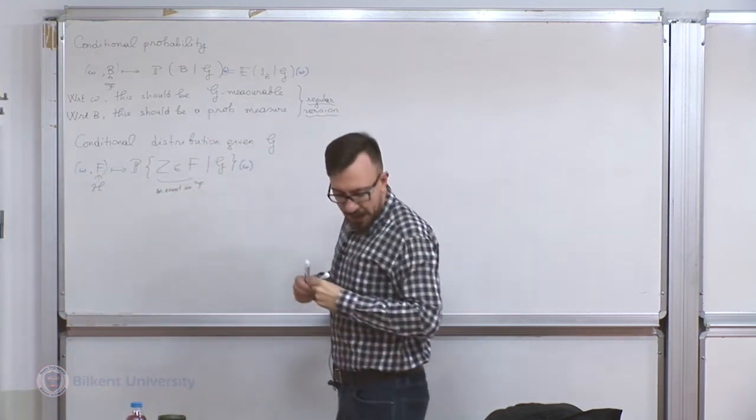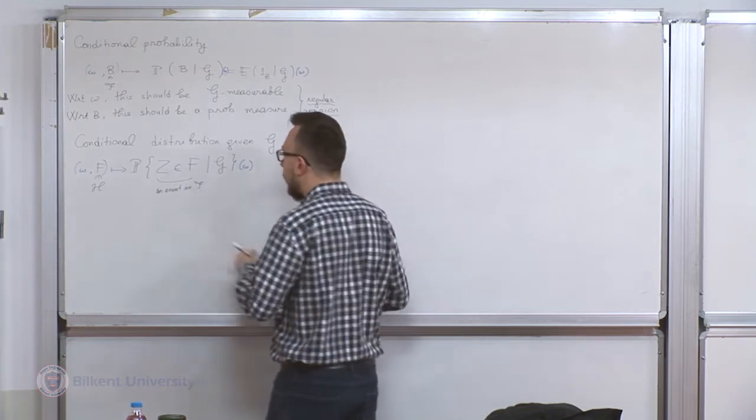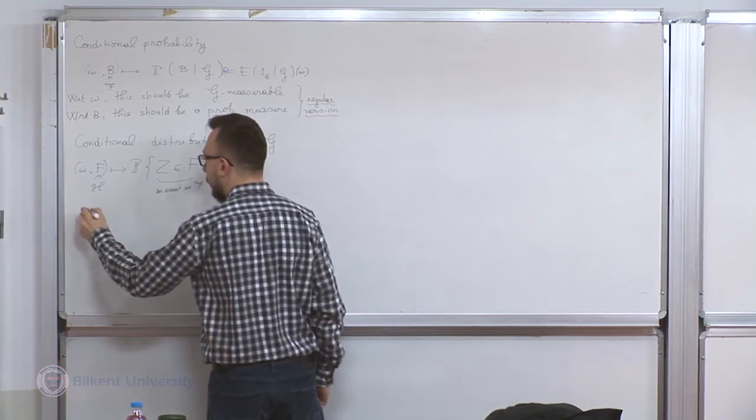So this should be a transition probability kernel.